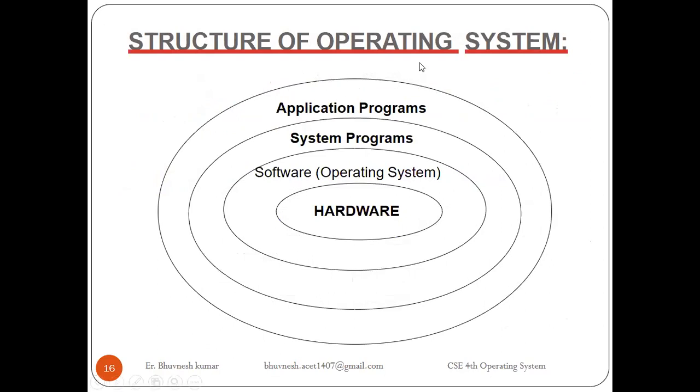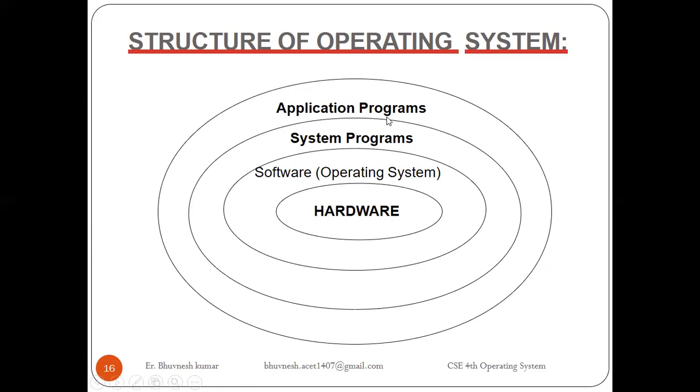Next, this is the structure of the operating system. First of all, you should have an operating system on your system to interact with the hardware, and on your operating system, you can install your applications. If there is an operating system, you can install any type of application.